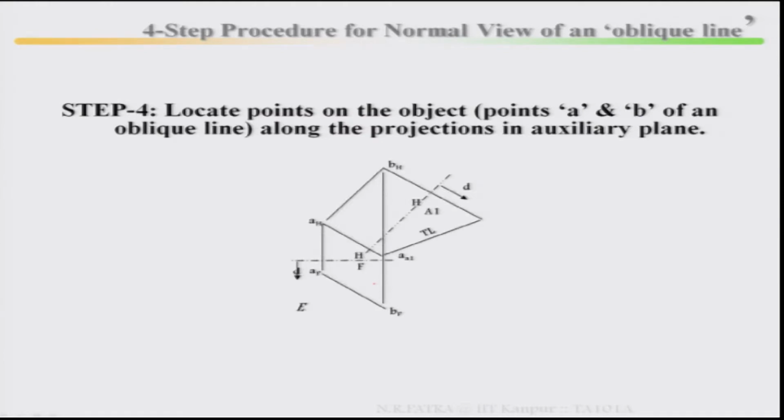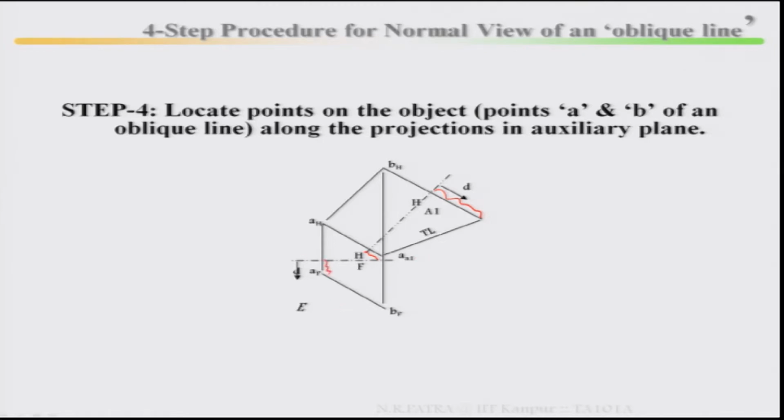Now, step 4: locate the points on the object along the projection in the auxiliary plane. Particularly, if this is your auxiliary plane, then as I said earlier, this distance and this distance will be the distance of the opposite view, that means the front view, from your hinge line.